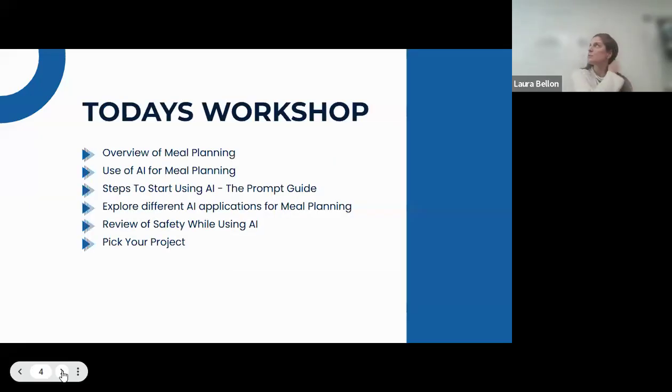Okay, so today's workshop, just an overview. We are going to look at what meal planning involves, the use of AI for it, and the different types of prompting. We're going to look at the different types of AI apps that are out there, and walk around some of the spaces so that you get to see what can be created, from very simple forms of meal planning to very intricate forms, depending on what people are using it for, right?